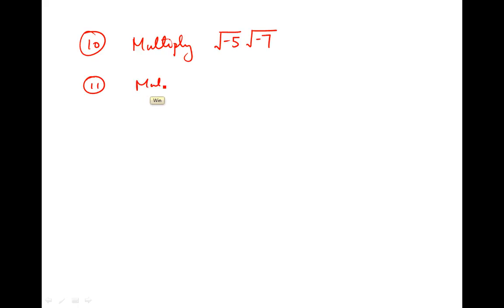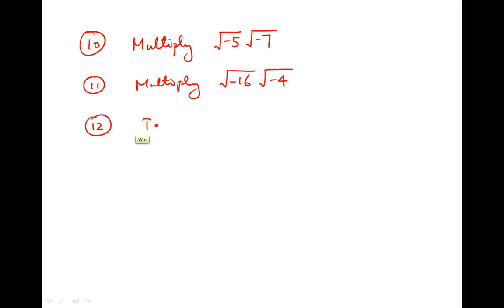Okay, now it's your turn. Let's take a look. Number 10, multiply the radical negative 5 times the radical negative 7. Number 11, multiply the radical negative 16 times the radical negative 4.